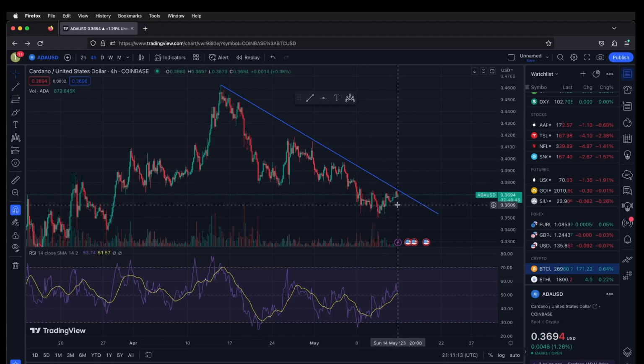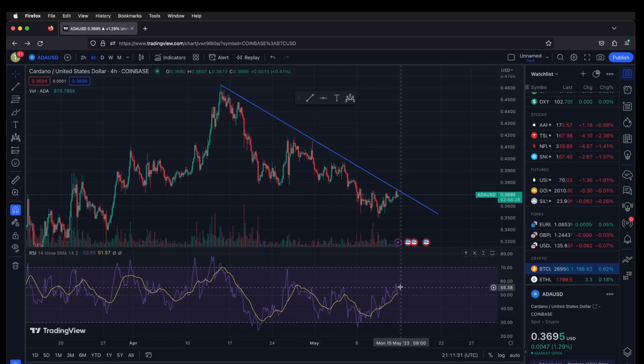But once again, this RSI indicates that it's headed back into buying, where there's more buying than selling.